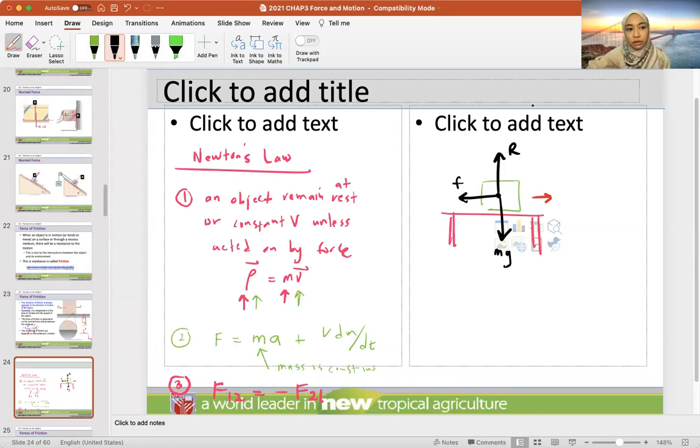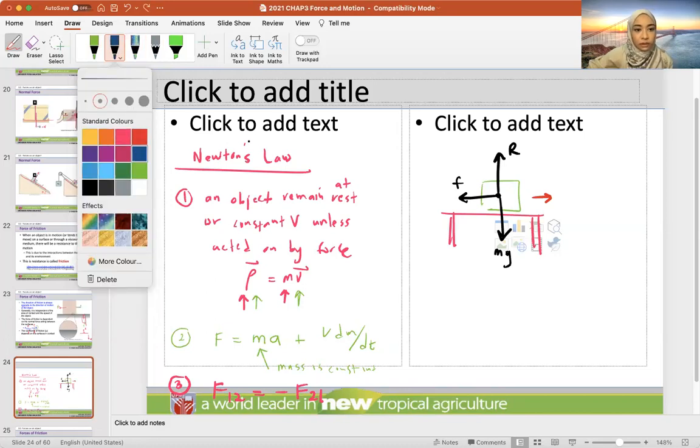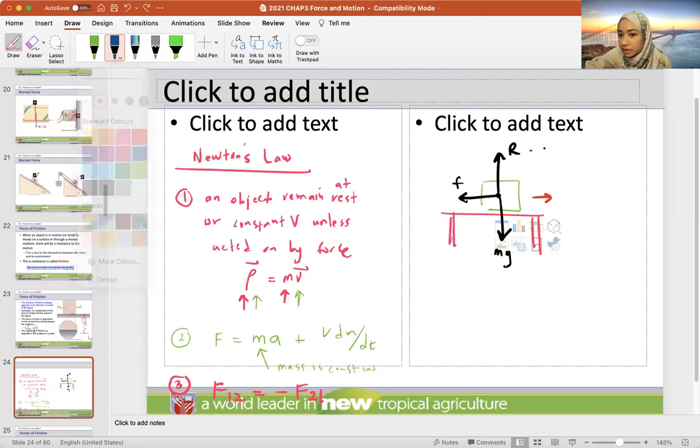What is the condition for reaction force to happen? Apakah kondisi dia? Two objects are in contact. Contact, betul, thank you.